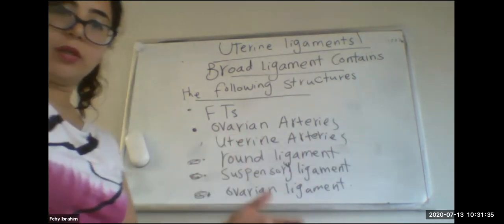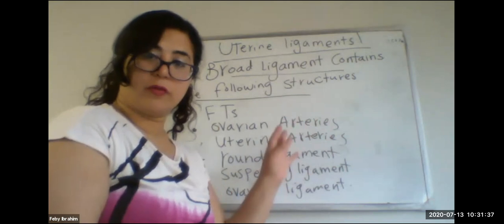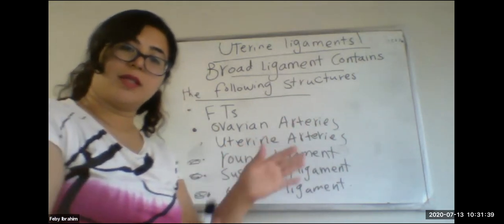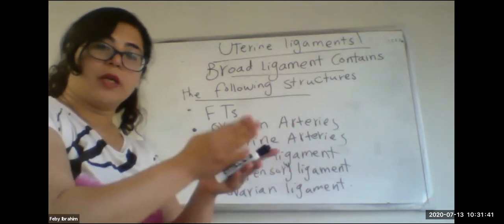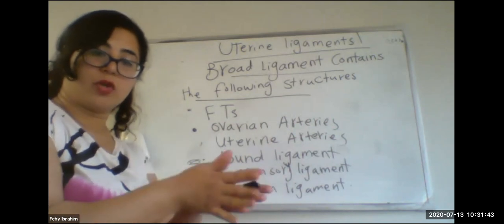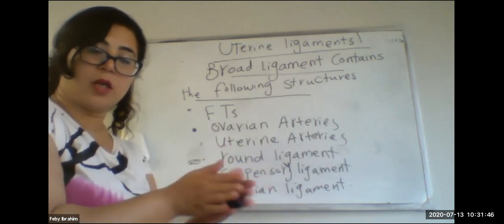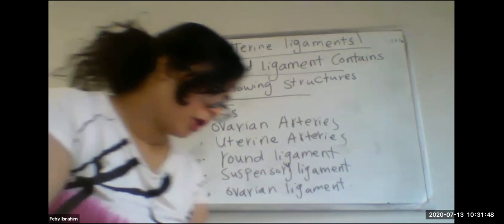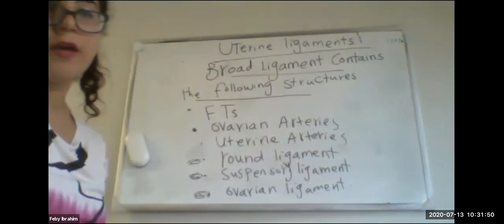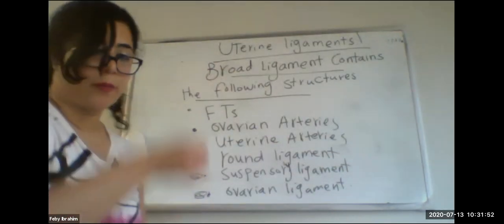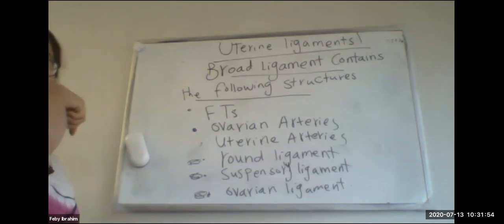I'm gonna show it to you in an image to make it easy to understand how all these structures lie between the folds of peritoneum. This is for the broad ligament. Next, it will be the round ligament.